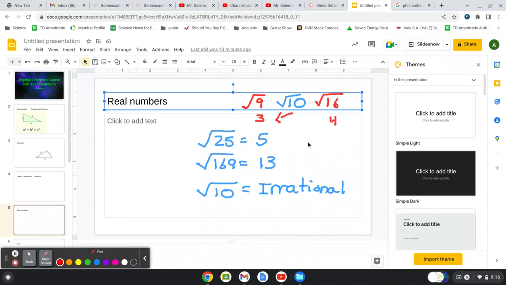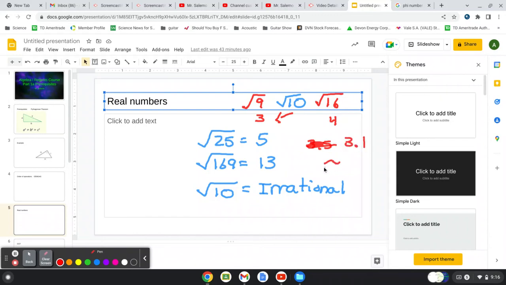So we would say it's about 3 point something. If we had to do this on a test, what do you approximately think this is near? You can't say 3.5, because that would round it toward 16, and it's much closer to 9. So you might say about 3.1.